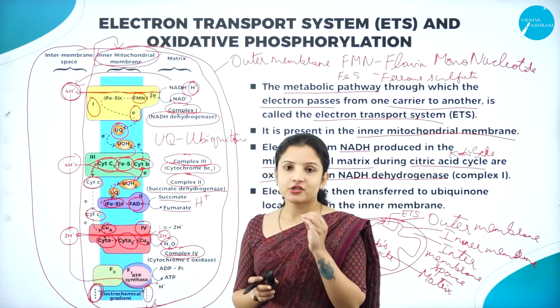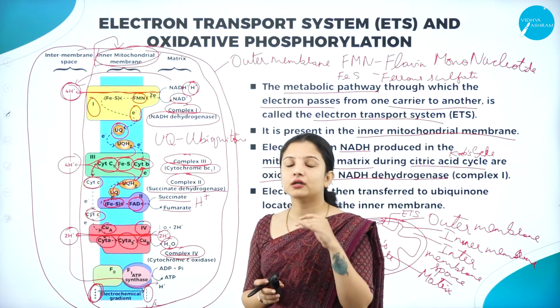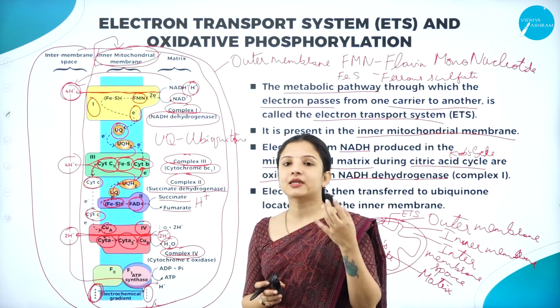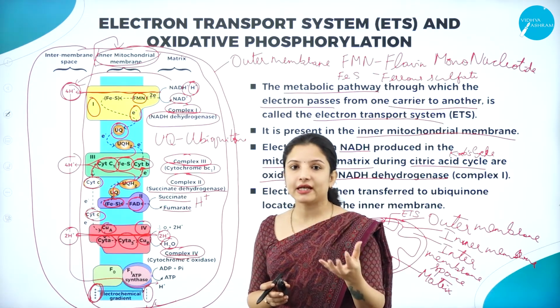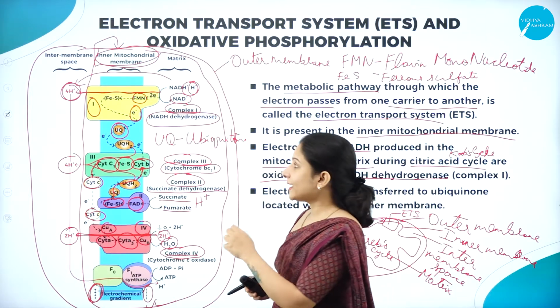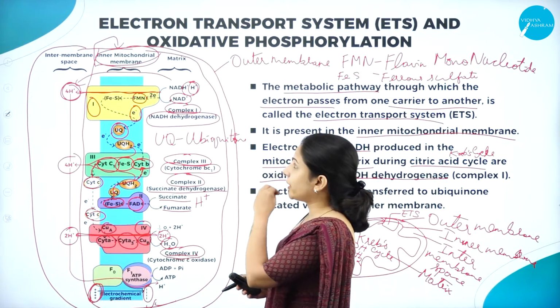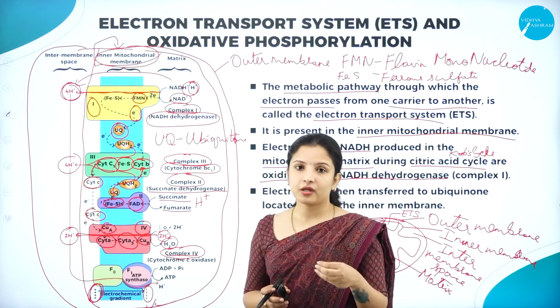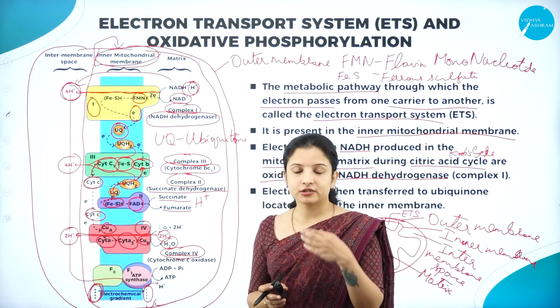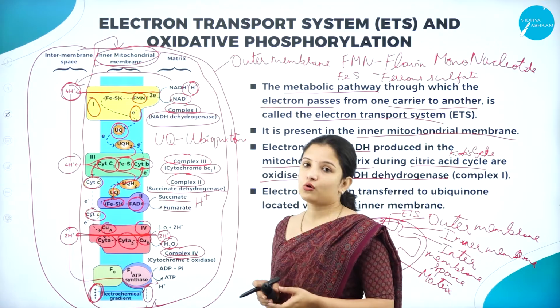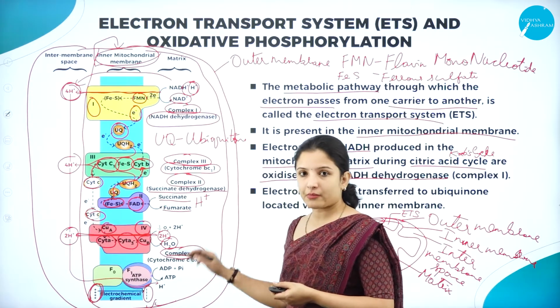Because an electrochemical gradient is being created. That electrochemical gradient will make the inner mitochondrial membrane impermeable to the H+ ions. Therefore, the H+ ions cannot go back into the mitochondrial matrix.